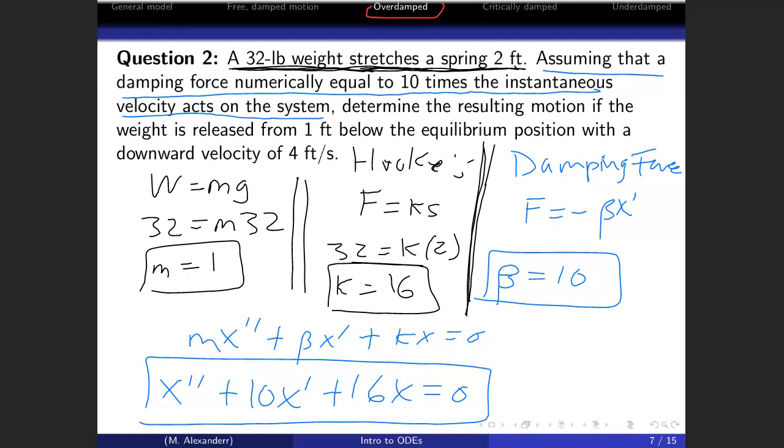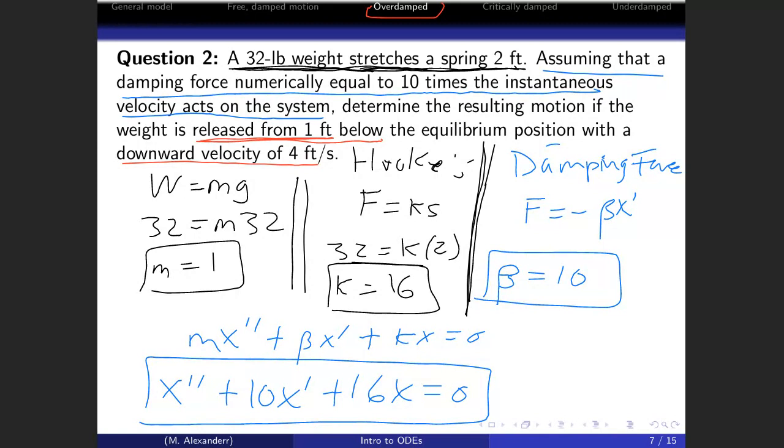Now, one other thing that we should also consider is the initial conditions, and that is given by the remaining part of the problem. The mass is released from 1 foot below the equilibrium position, and it has a downward velocity of 4 feet per second.